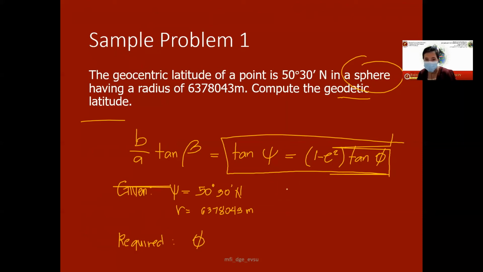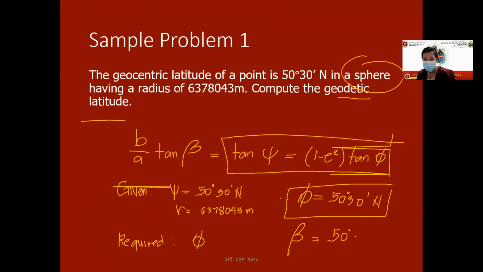Therefore, the equivalent geodetic latitude of the 50 degrees 30 minutes geocentric latitude is also 50 degrees 30 minutes north. And the reduced latitude is also equal to 50 degrees 30 minutes north. Why? Because this is a sphere.